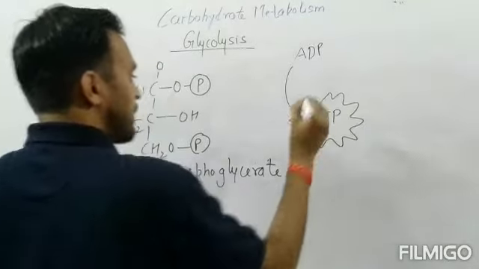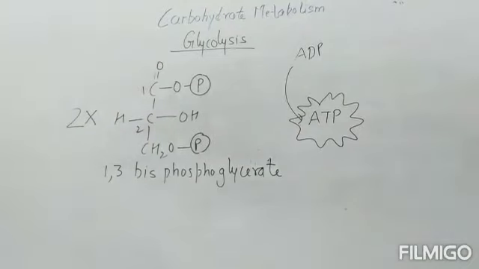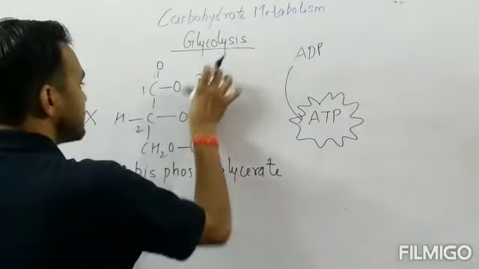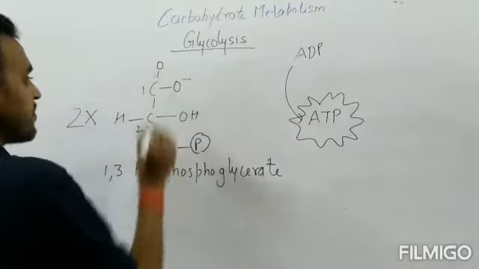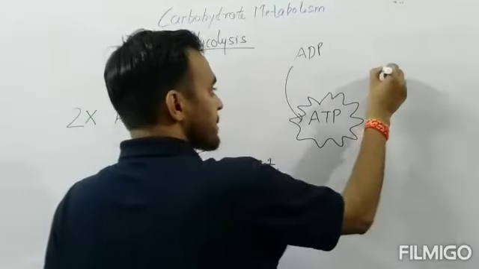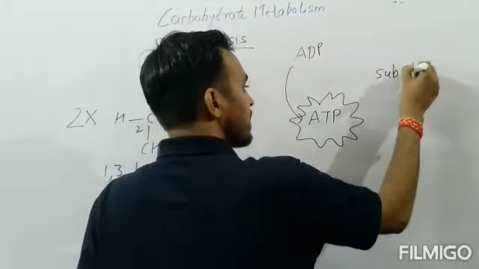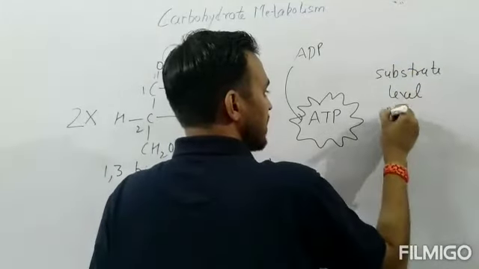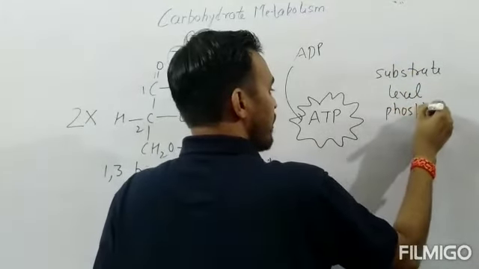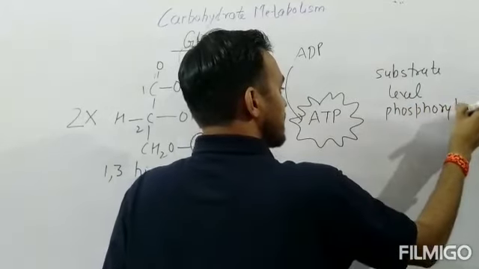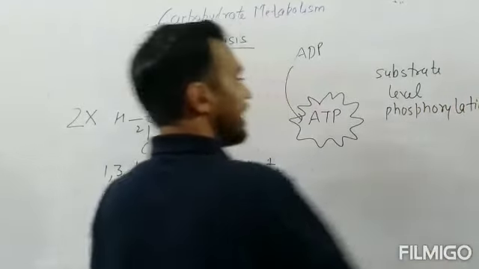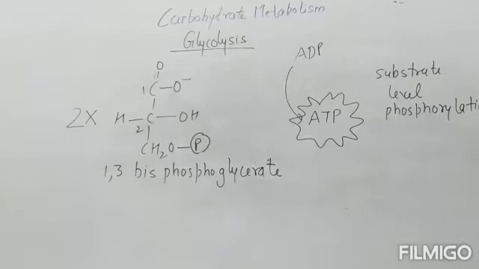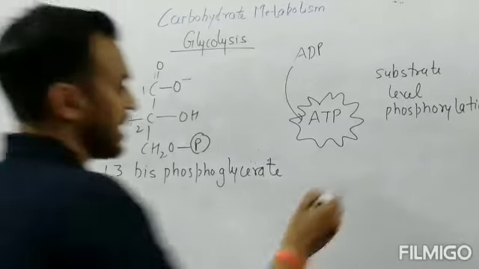This is the first ATP generating reaction and the molecule formed is 3-phosphoglycerate. This is substrate level phosphorylation and the name of the enzyme here is phosphoglycerate kinase.